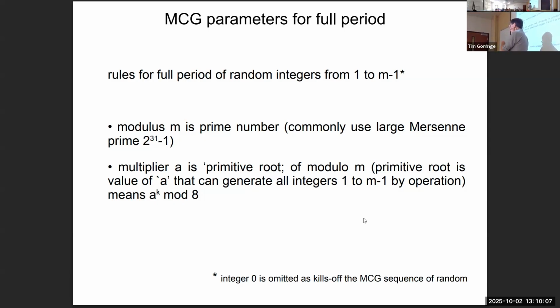One way to figure it out is to keep calculating A to higher and higher powers and see whether you get all the numbers in the series. That's a brute force way of figuring out primitive roots. That's straightforward to do as long as m isn't very large. But if you do that, you'll see very quickly that most numbers are not primitive roots.